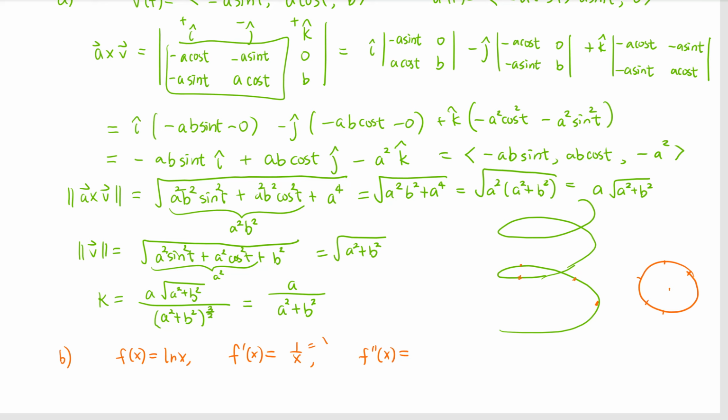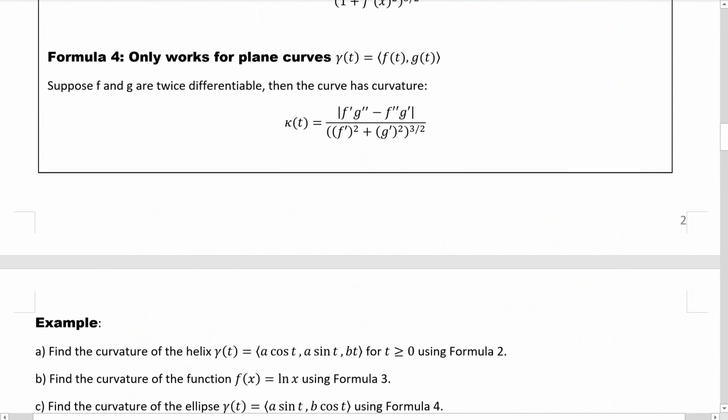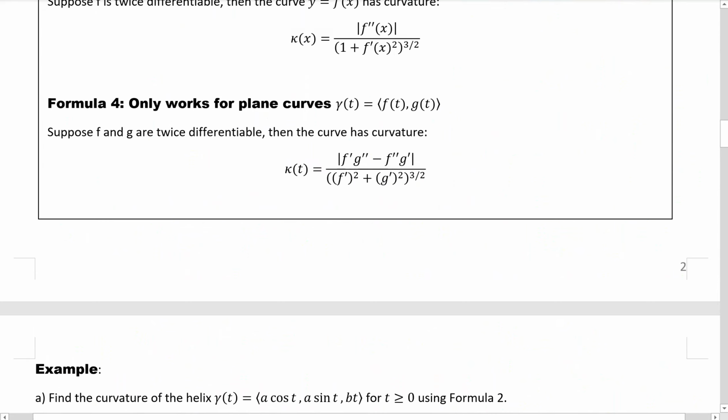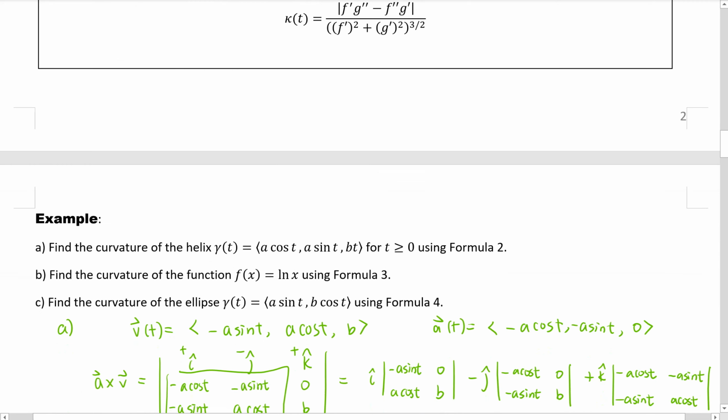This is the same as x to the minus 1, so the derivative is negative x to the negative 2, so it's negative 1 over x squared. Keep in mind that formula: we have the absolute value, not the magnitude, because these are just numbers, a scalar-valued function. So we have the absolute value of the second derivative over 1 plus the first derivative squared, to the 3/2.